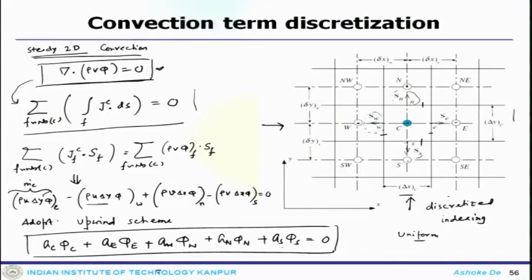On the other hand, if someone uses second order upwind, he might end up getting one more coefficient from this cell, one more from this cell, and one more in the y direction. So a few more coefficients will appear.